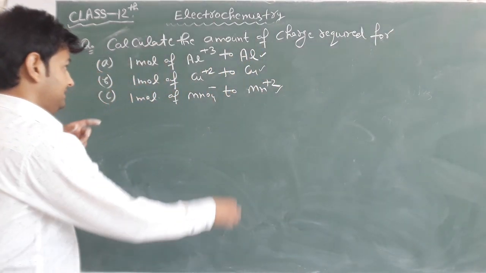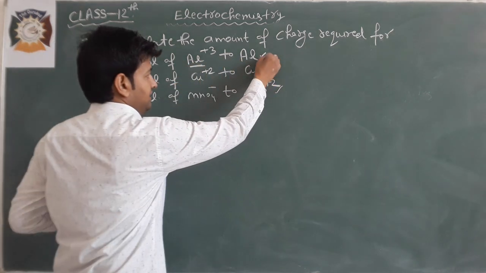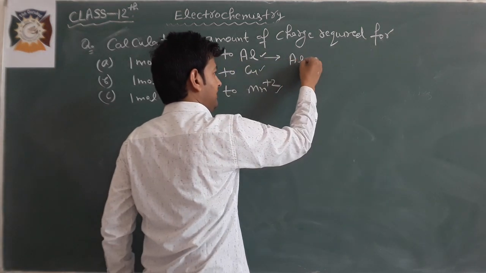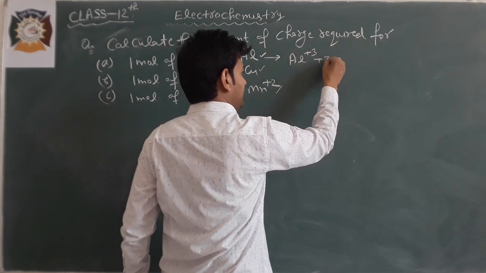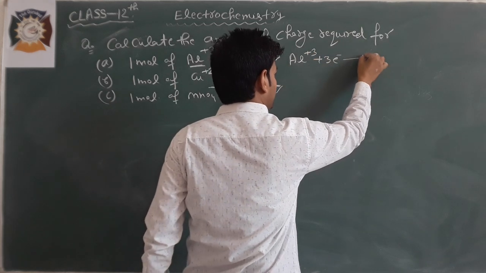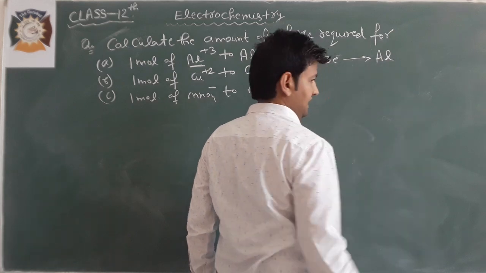As we know, in case of aluminium plus 3, 3 electrons are required for the deposition, so it converts into aluminium.